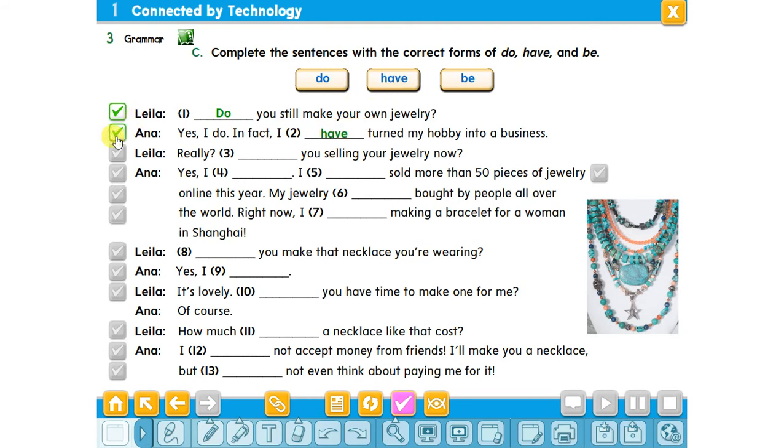Yes. I have turned, because here you have verb 3. Really? Selling. Selling with ing, so you are going to use be, but we don't say be, you say are. Are you selling instead of be?